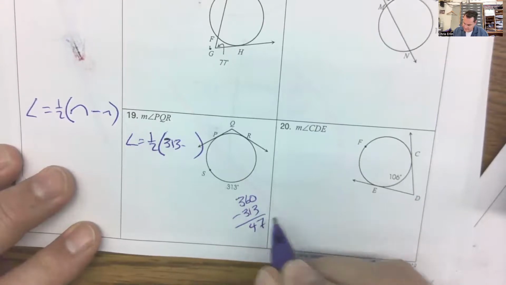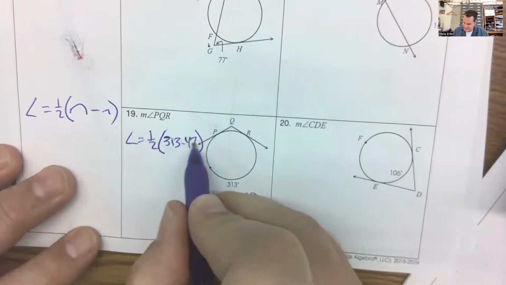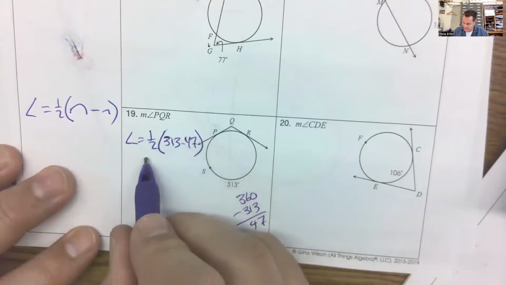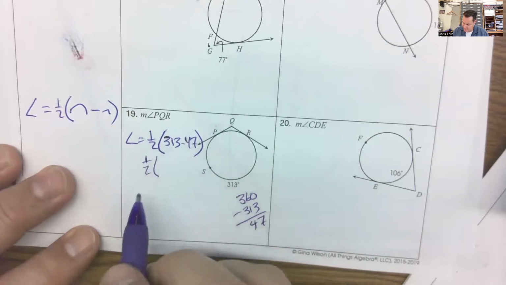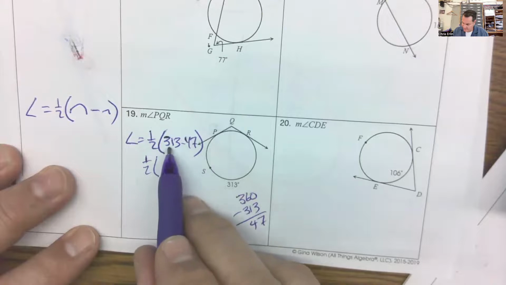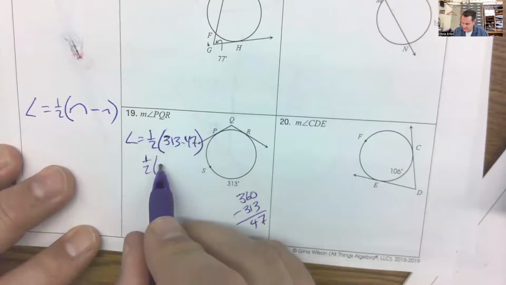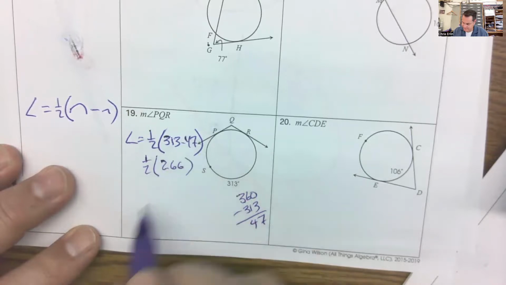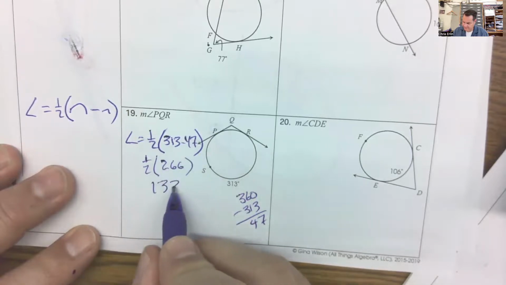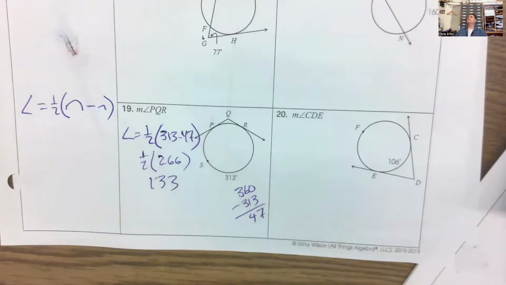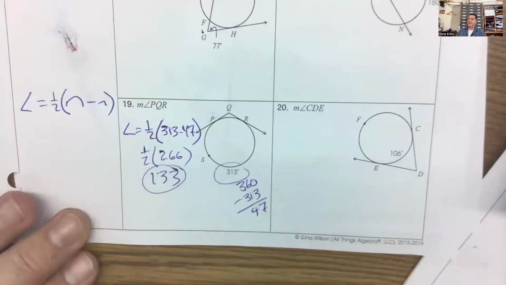What is that? 47. So that means 313 minus 47, which is 1/2 of 266. Thank you. Which would be 133. Now, what do you notice about the difference between 133 and 313?